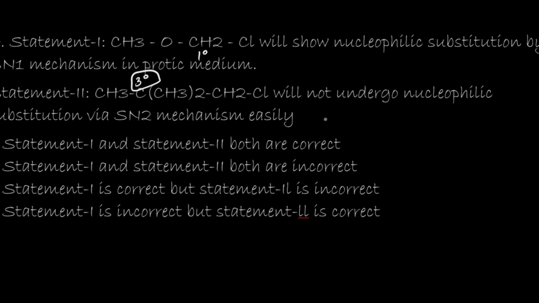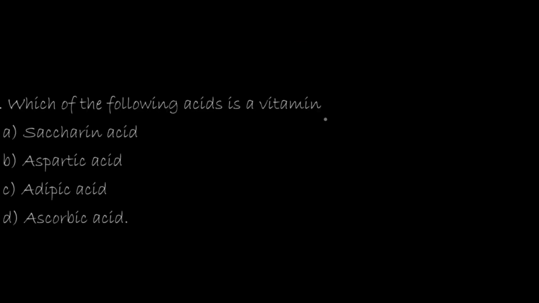So it can proceed by the SN1 mechanism, and obviously statement 2 is correct by seeing itself. So this will not undergo nucleophilic substitution via SN2 because SN2 is favored by primary, secondary and tertiary. Okay, so the answer to this question is that statement 1 and statement 2 are both correct.